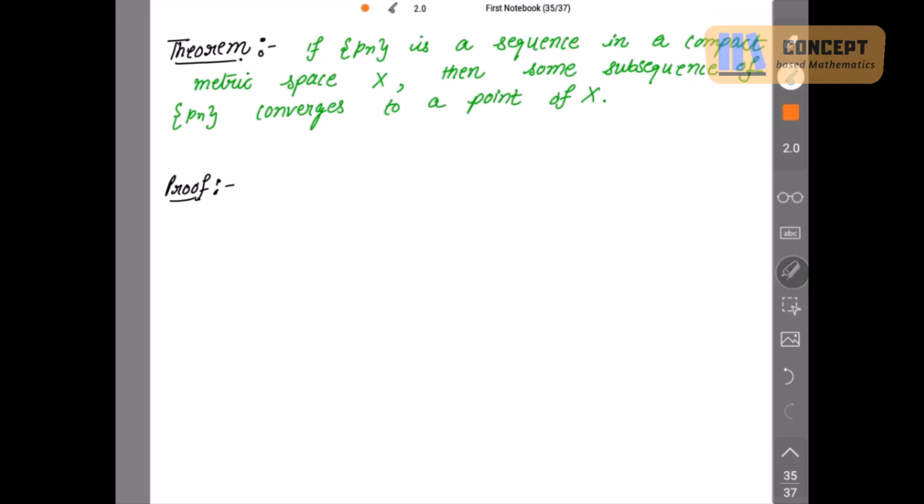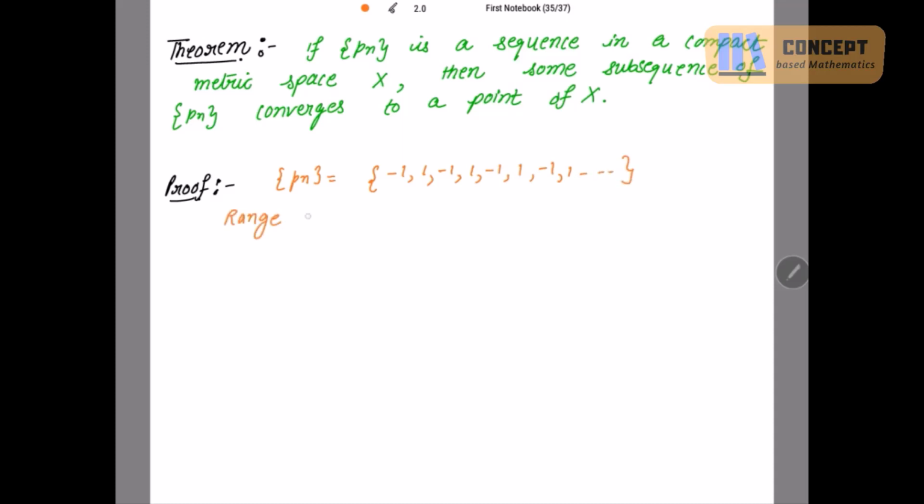Alright, let's start with the proof. Suppose we have a sequence Pn in a compact metric space X. You know what the range of the sequence is. Suppose my Pn sequence is, let's say, -1, 1, -1, 1, -1, 1, -1, 1, and so on. What is the range for this sequence then? Range is the set of distinct elements.